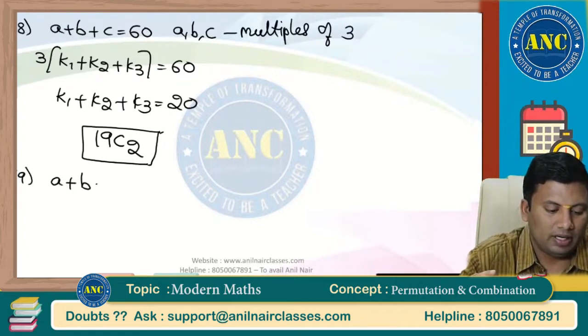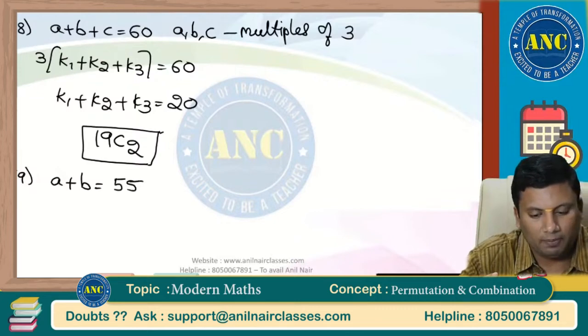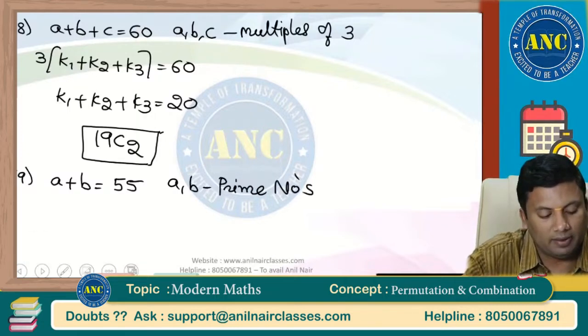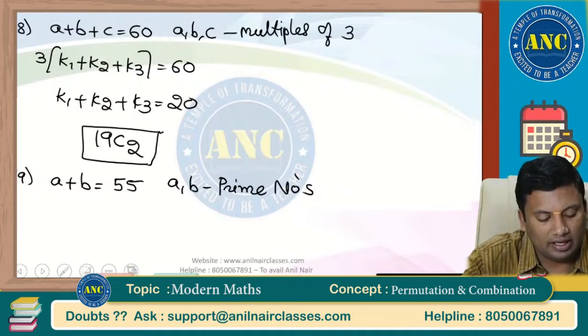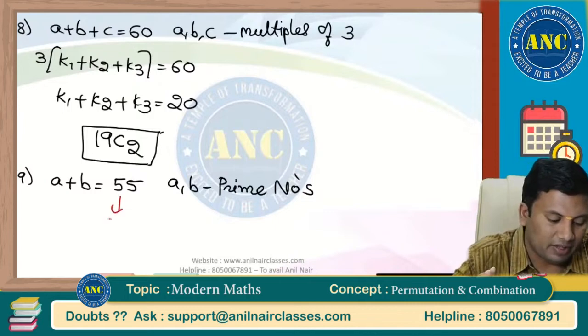A plus B is 55. A and B are prime numbers. How many values will A and B take? 55 is an odd number.